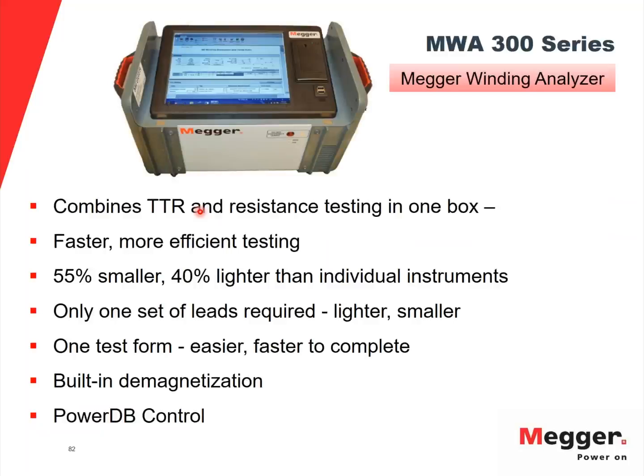The third unit that we have in our portfolio is a combination of turns ratio and winding resistance together in one box. As you can see, this unit is a one-piece unit with TTR and winding resistance combined together into one box. It is half the size of the 2 units, and it's about 40% less weight of the 2 units.